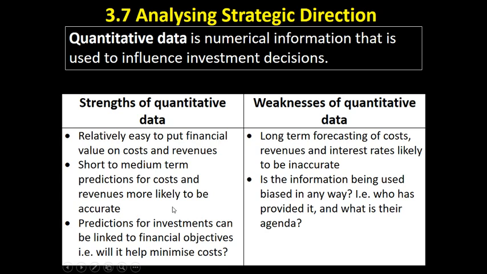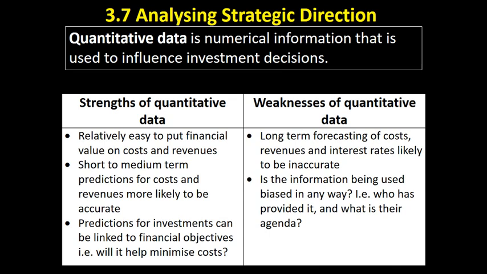Short to medium term predictions for costs and revenue are more likely to be accurate than long term ones, and predictions for investments can be linked back to our financial objectives. So it's useful to use quantitative data because it's so easy to understand. You know, we can immediately see this project earns more than this one, therefore it's more valuable. So that's the strength of quantitative data.